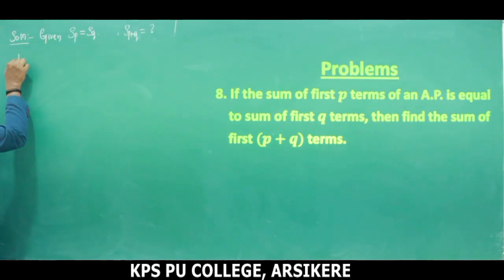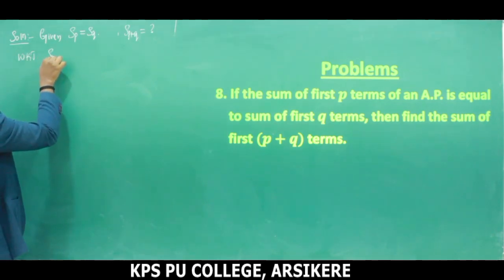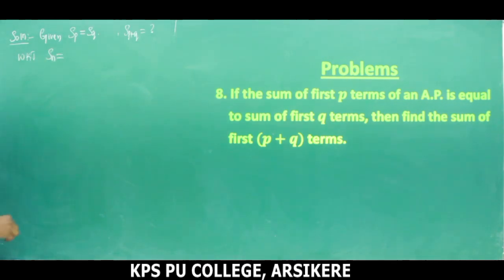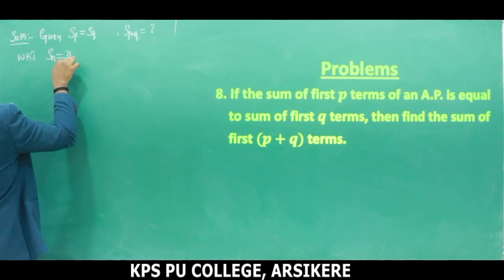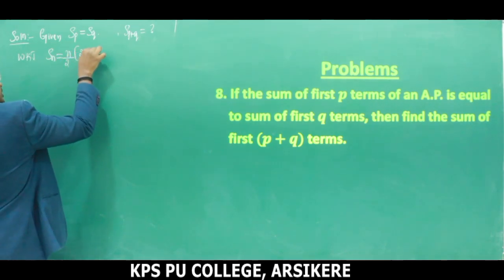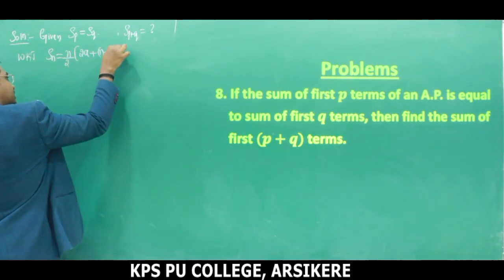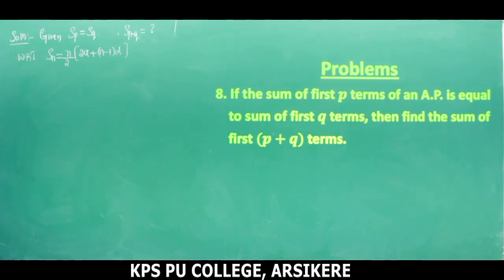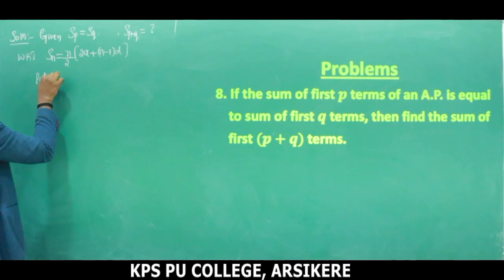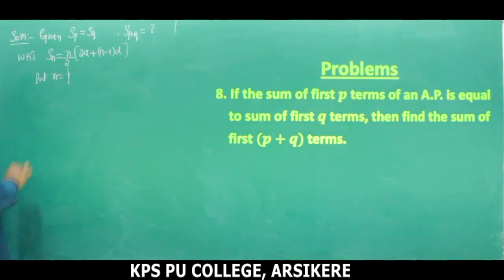We know that Sn, the sum of first n terms, is equal to n divided by 2 times of 2a plus n minus 1 into d. So put n is equal to p, we obtain the sum to p terms.